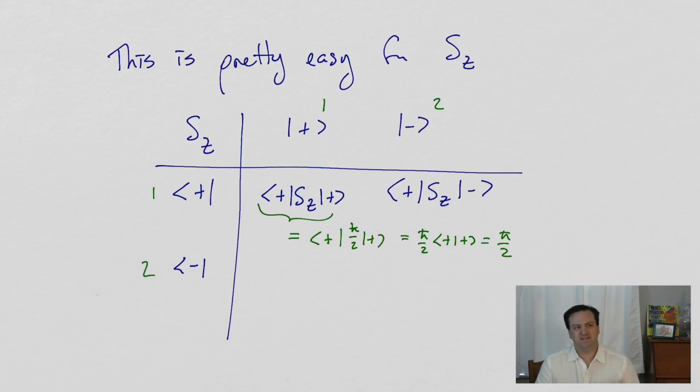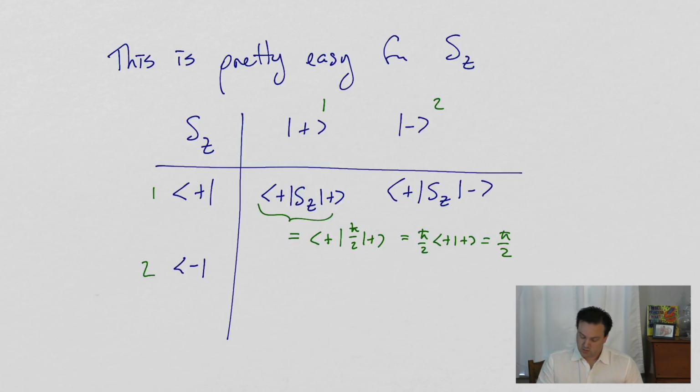That seems like it took a lot of steps to get out that h bar over 2, but it shows us how we now have the number that's going to go in the upper left part of this matrix, because I've used the fact that the basis vectors are the eigenstates of the operator that I'm using. I feel like I say the words eigen and operator a lot. Anyway, this first term is just going to be h bar over 2.